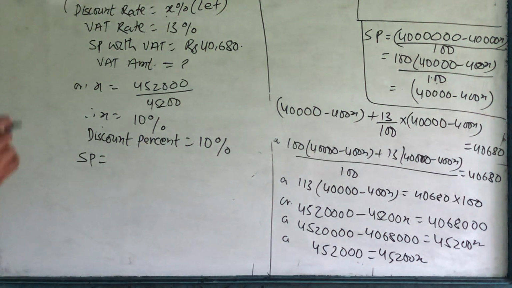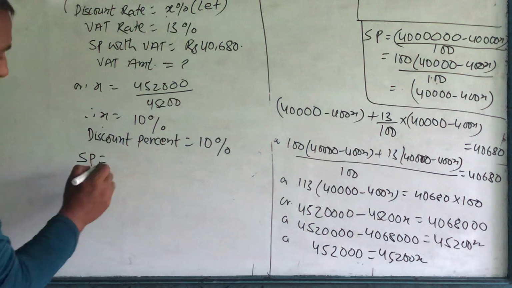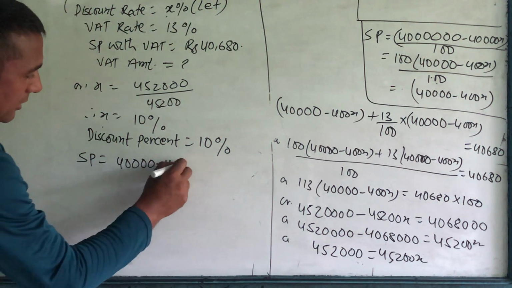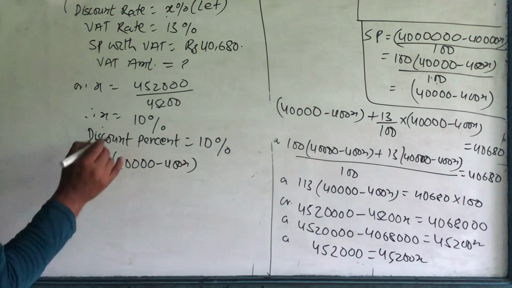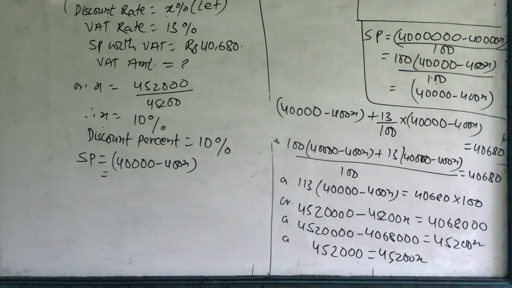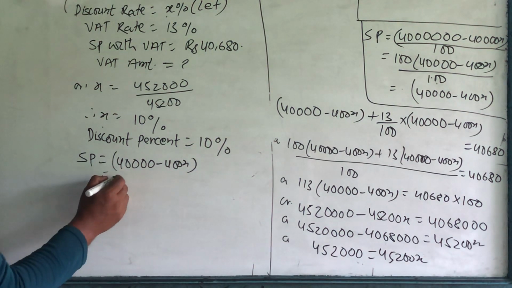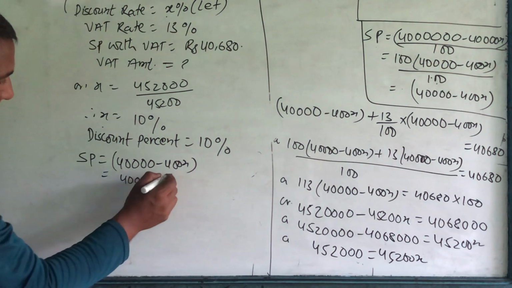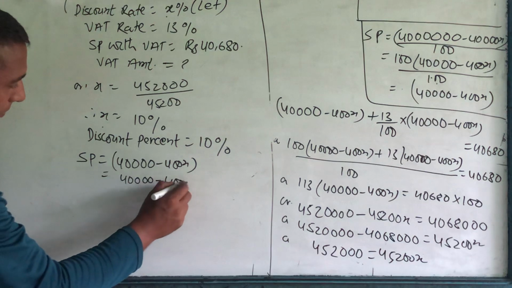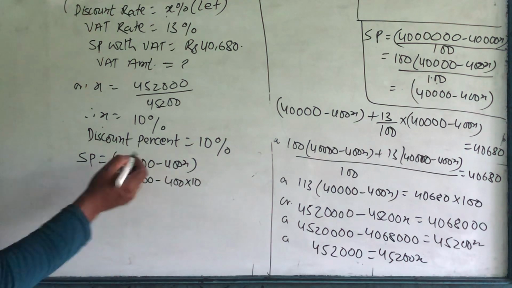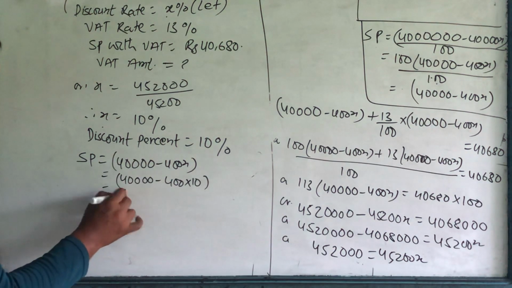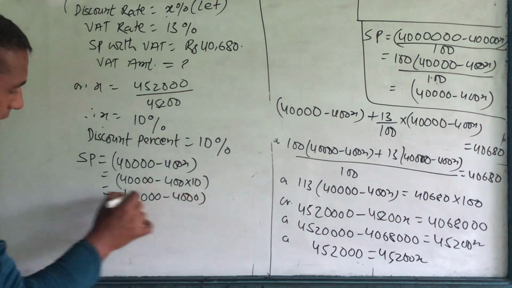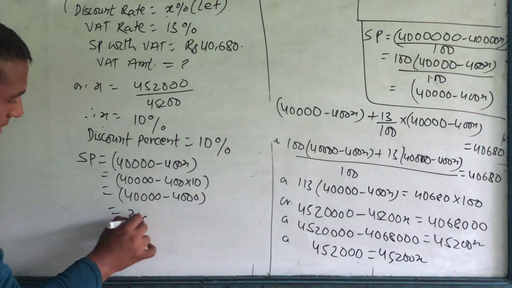SP, what we did at the beginning, SP means 40,000 minus 400 X, that is SP. So let's solve it. SP you will get 40,000 minus 400 into 10 means 4,000. 40,000 minus 4,000 means you will get 36,000.